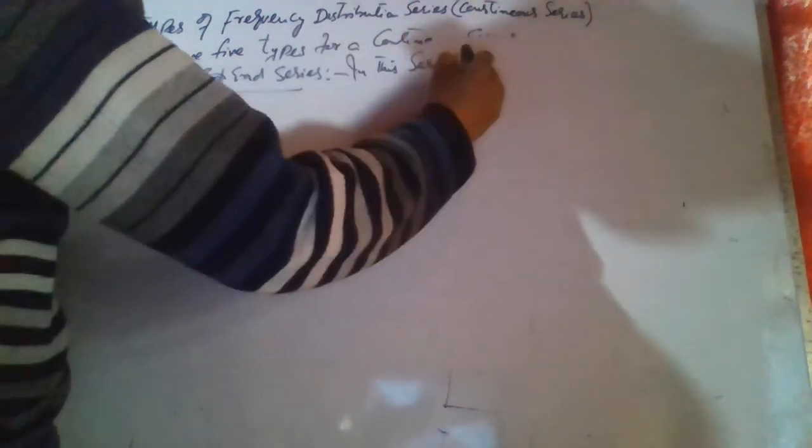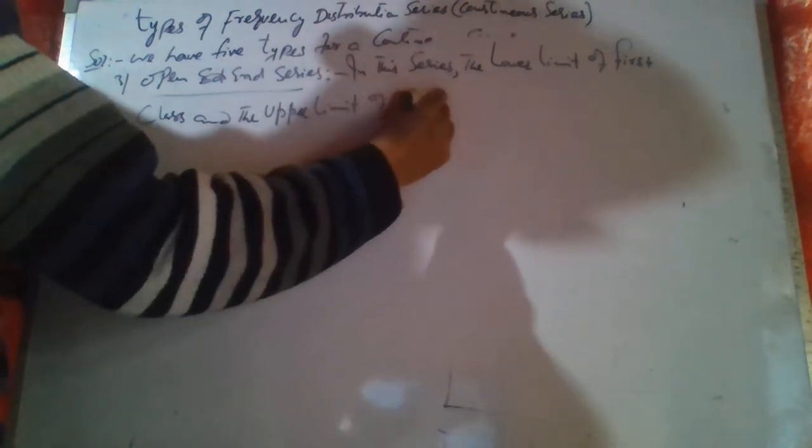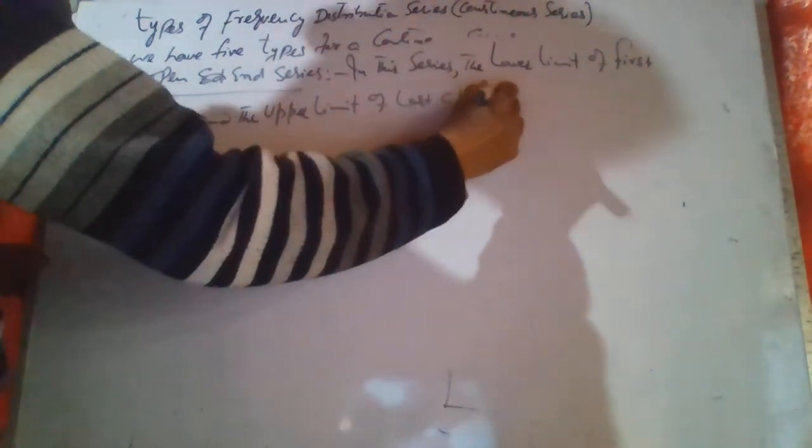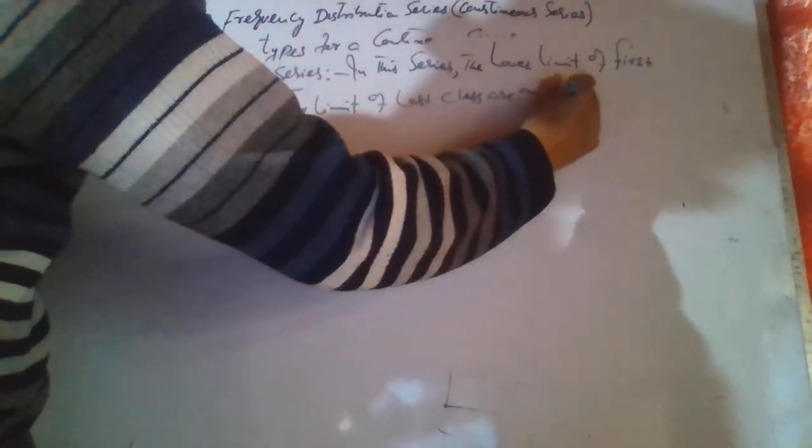Write down: in this series, the lower limit of the first class and the upper limit of the last class are missing. So this series is called an open-end series.